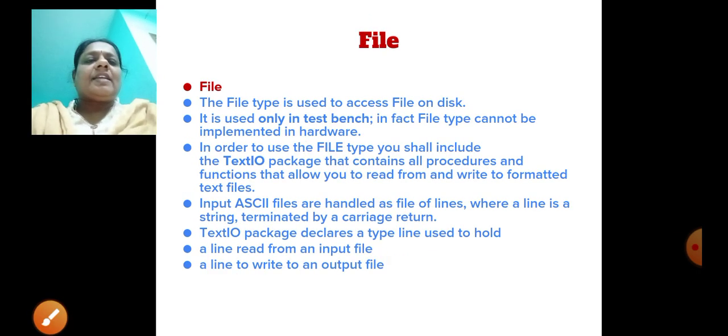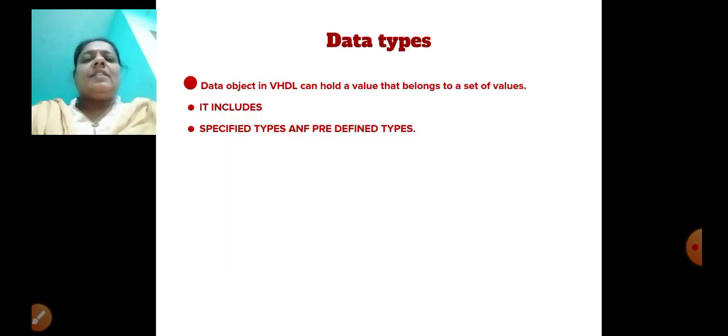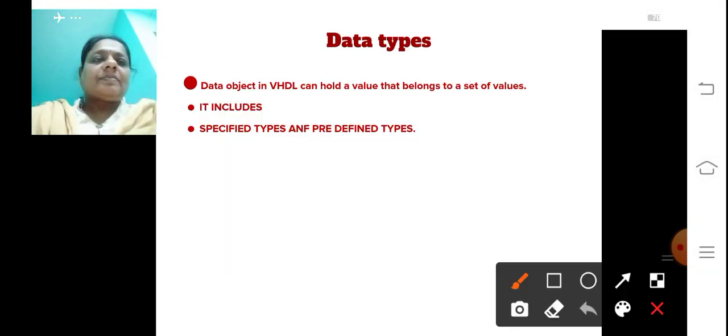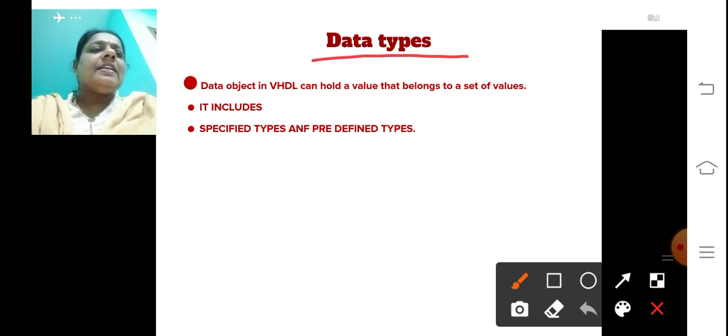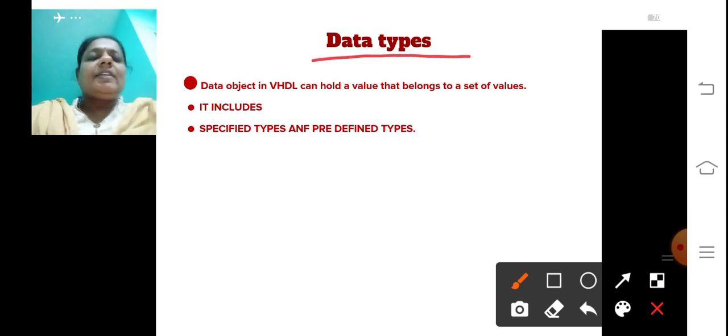Next is the file type, and next, an important topic in the VHDL, is the data types. What are the data types? Till now we studied the data objects.